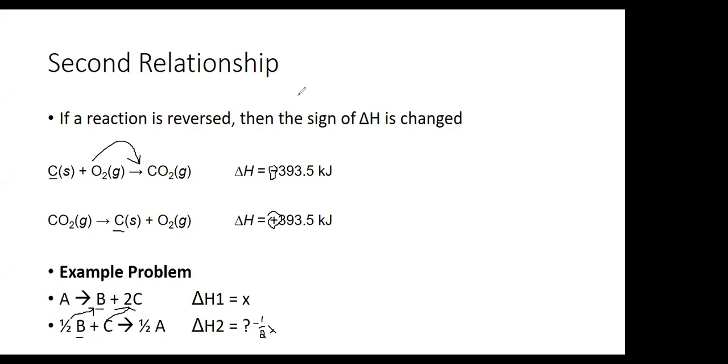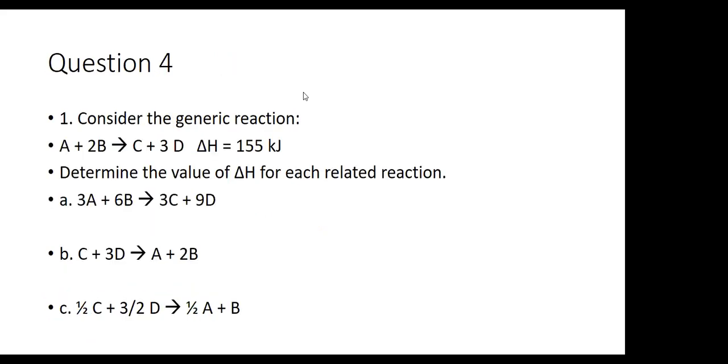Any questions about those two relationships of delta H? If not, I believe we'll move right into a problem then. Yep. So question 4. I have a reaction for you.